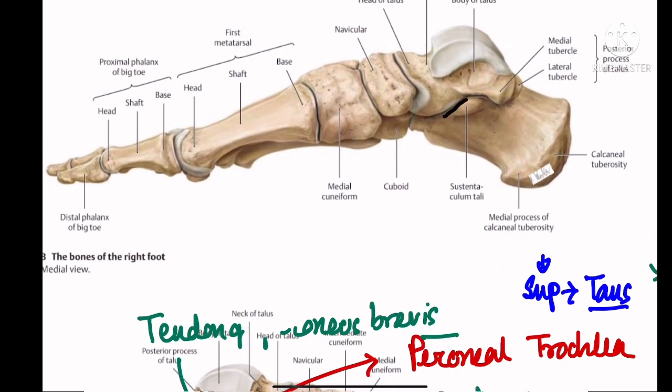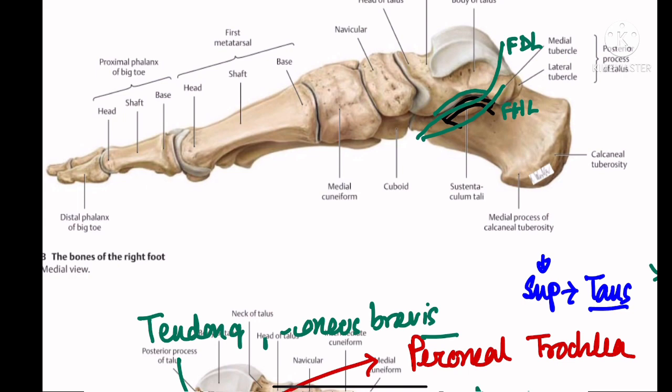This is the sustentaculum tali, a shelf-like projection, superior surface for the talus, inferior surface for the flexor hallucis longus, medial surface for the flexor digitorum longus. So I hope everyone is clear up to this.